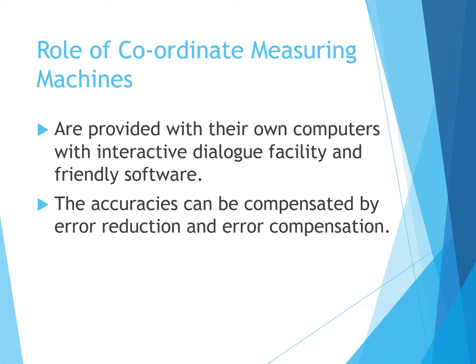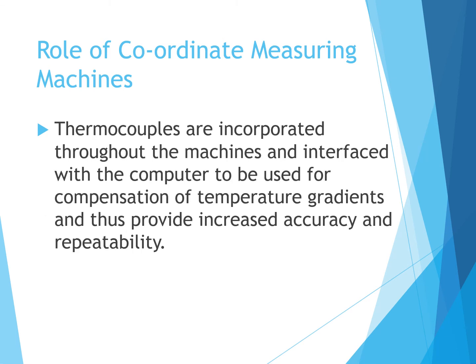So we are going to use user-friendly software, and they have their own dialog boxes incorporated into their own computers. The accuracies can be improved by error reduction and error compensation. So whatever accuracies are there, you can find out by reducing these errors and compensating them.